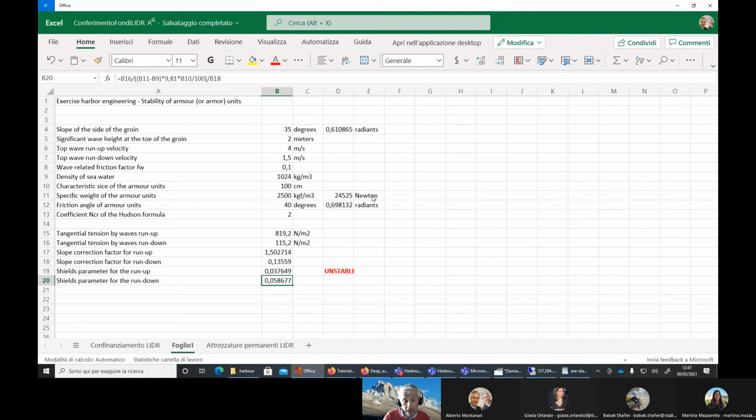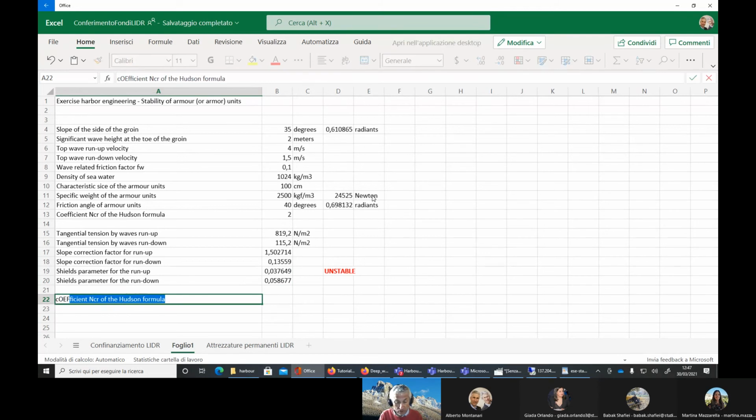We didn't finish our exercise because there is the Hudson formula now. So let me first compute the coefficient KD of the Hudson formula.